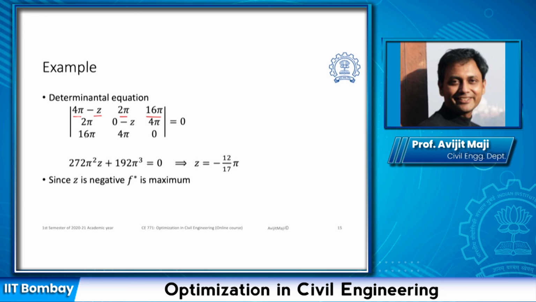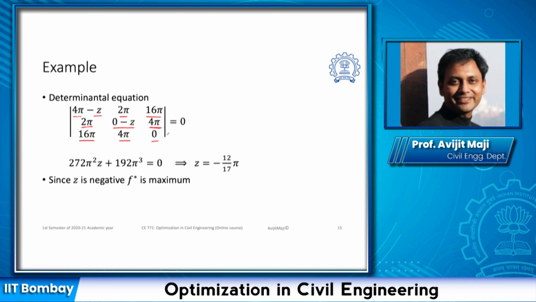Then L21 is going to be 2 pi, L22 was 0, so 0 minus z, and H12 is going to be 4 pi. Then we have H11 again here, which is 16 pi, H12 again, which is 4 pi, and this is going to be 0.